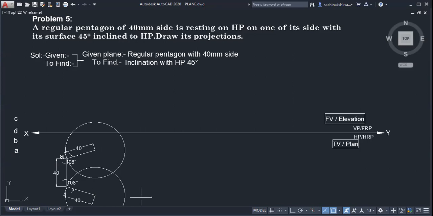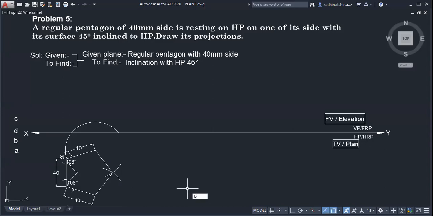From this to this and this to this, in this way you can complete it. You can measure the remaining as you have taken distance equal to 40 in the compass.